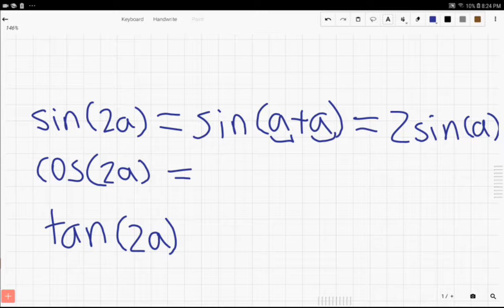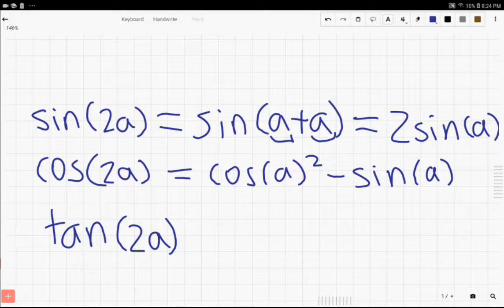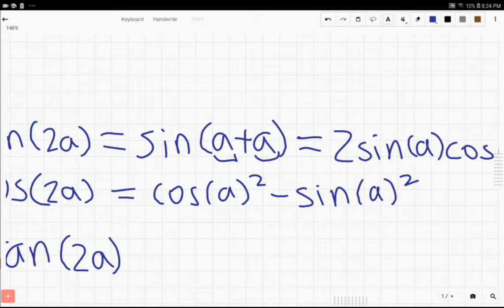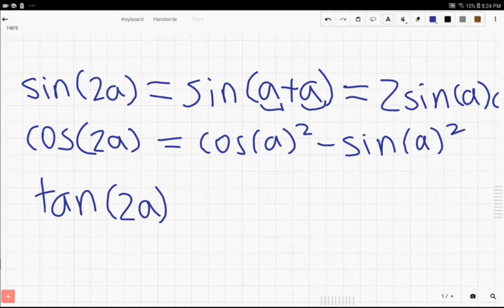It can be cosine of A squared minus sine of A squared. And there are other ways to represent each of these identities.